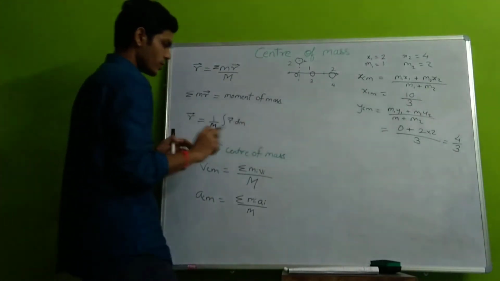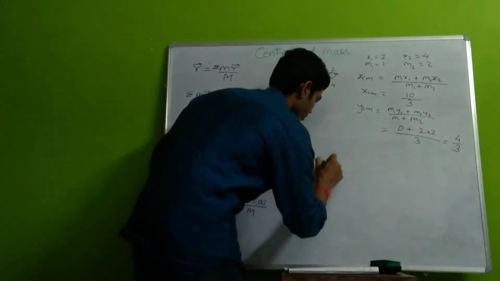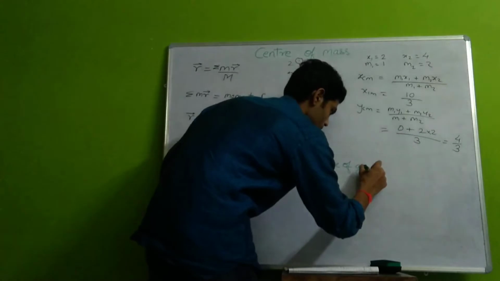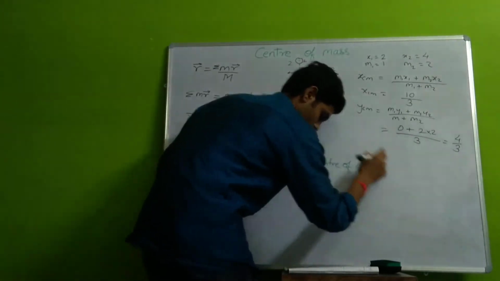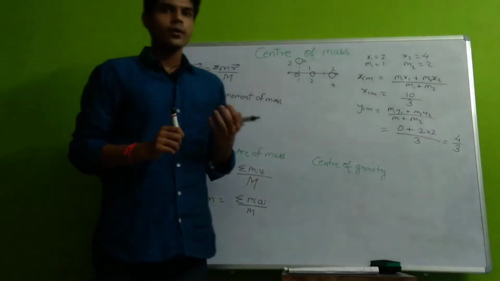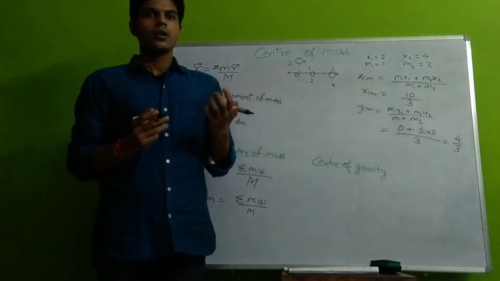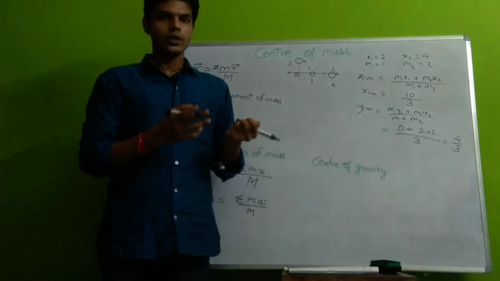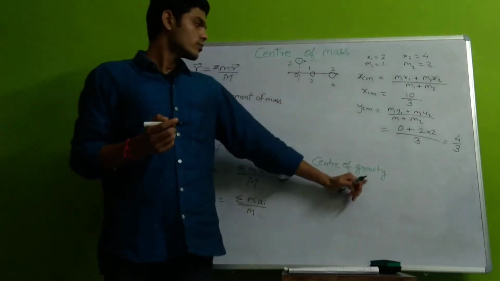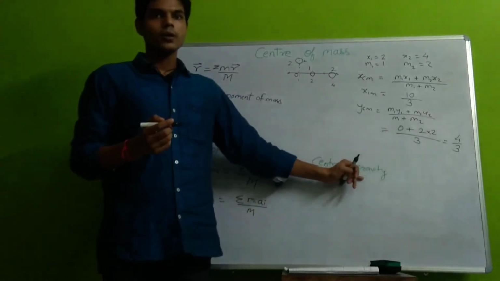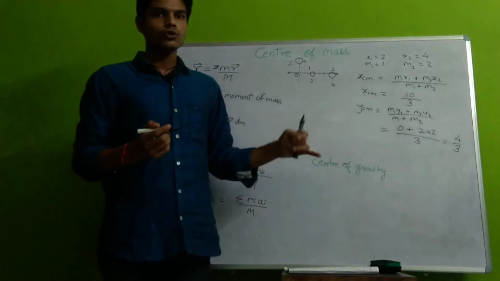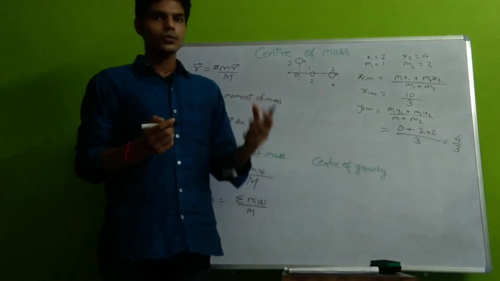Now we have another concept, that is center of gravity. What will be the center of gravity? Center of gravity is basically weight, our mass into acceleration due to gravity. So what will center of gravity be? The torque about the center of gravity will be 0.